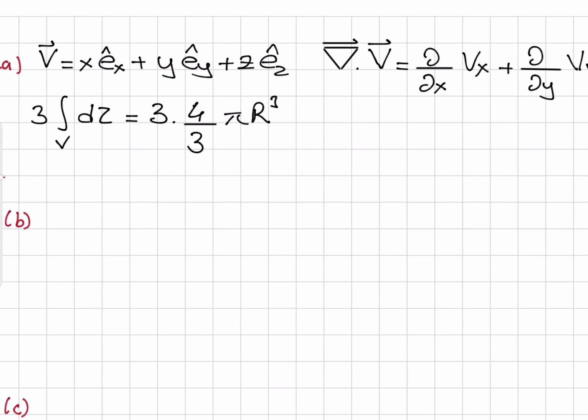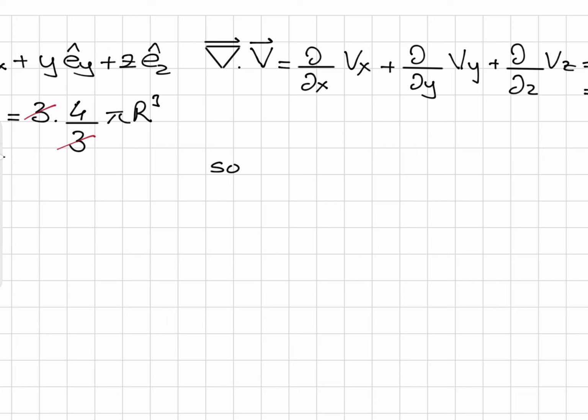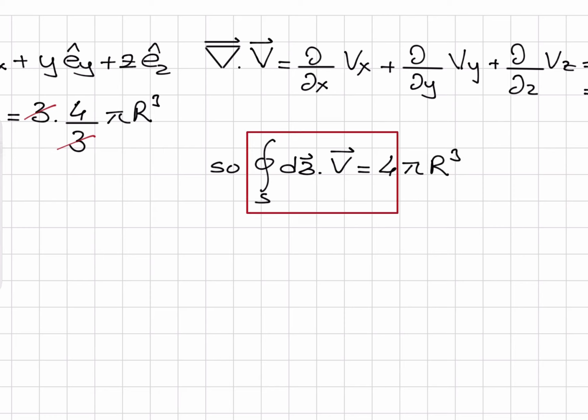So the 3's will cancel. Therefore, I have my answer. I find that the closed surface integral dσ dot V is 4π R cubed. That's the answer to part A.